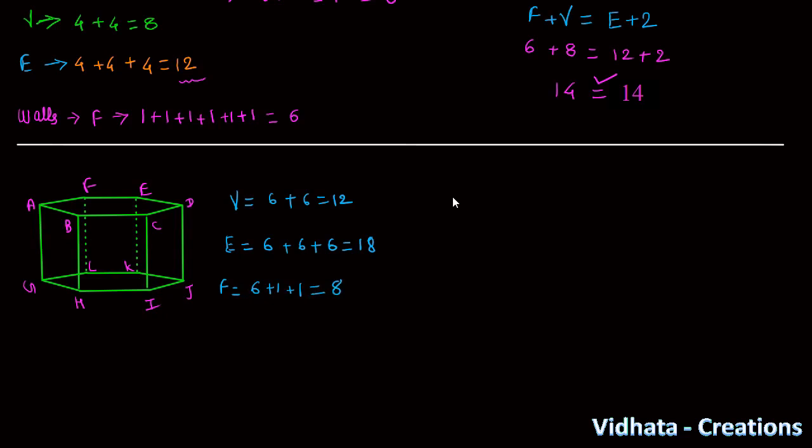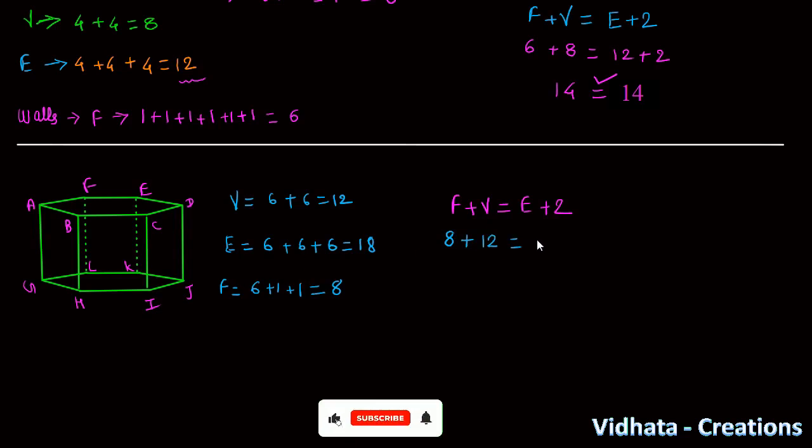Let us check Euler's formula. It tells us that F plus V is always equal to E plus 2. Let us count. How many faces are there? We have in all 8 faces. Plus, how many vertices are there? In all, we have 12 vertices. Let us count how many edges are there.